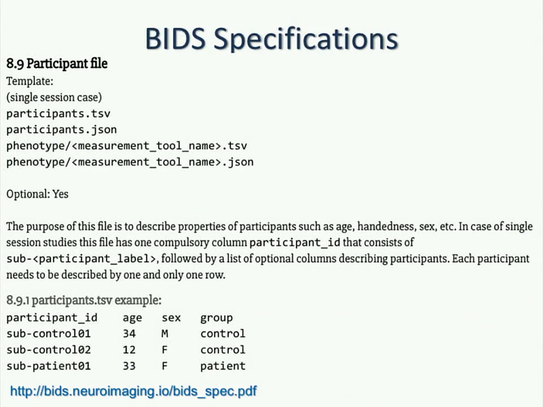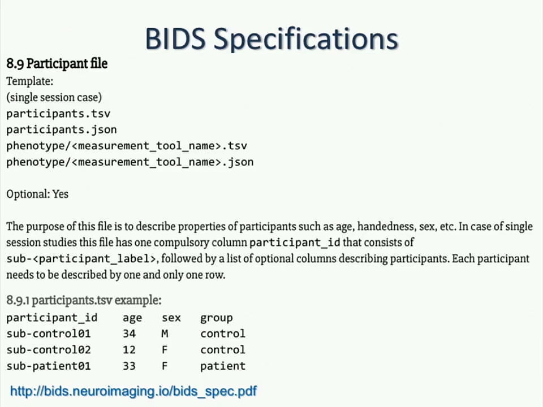The participants.tsv file is very simple. This is an example of one. TSV is a tab separated value file, and the first line is going to be a header. Participant ID, age, and sex are the most common and required.